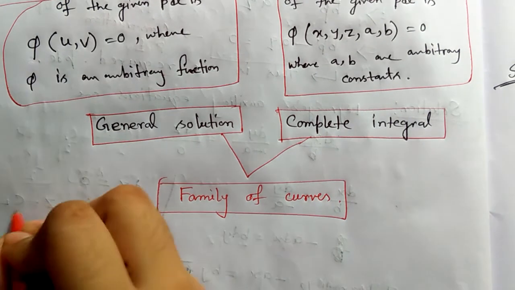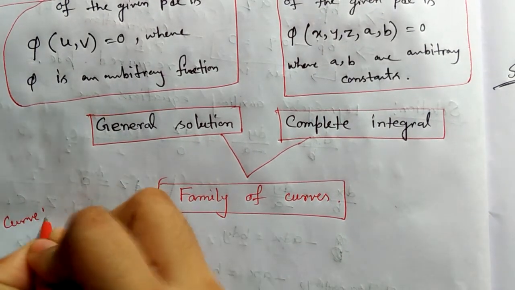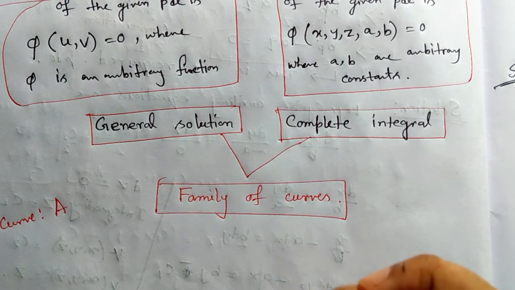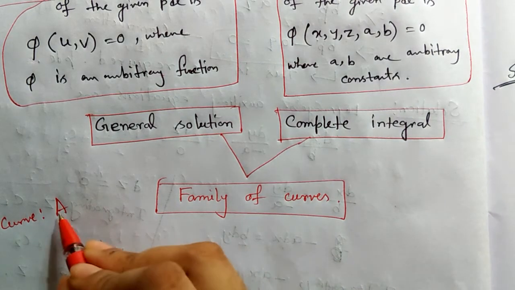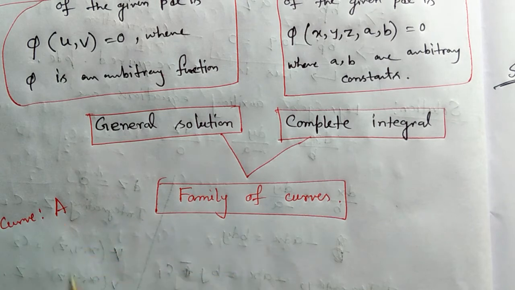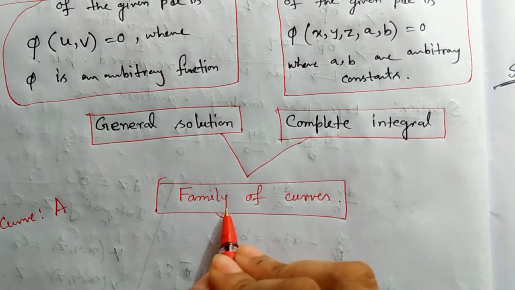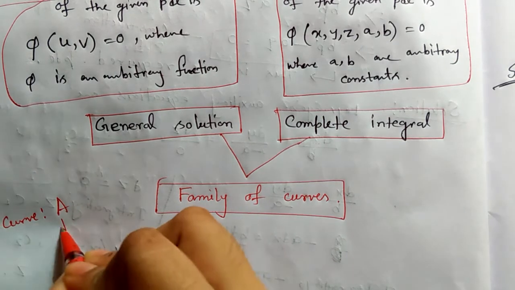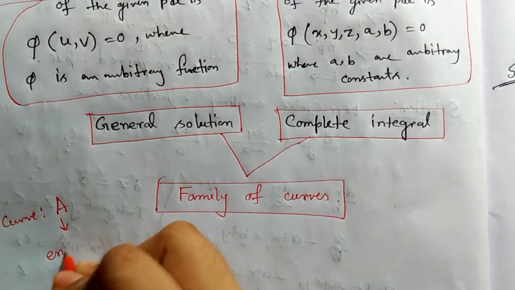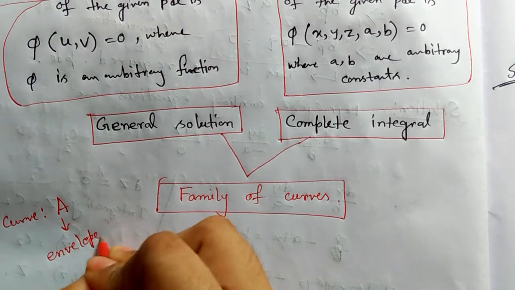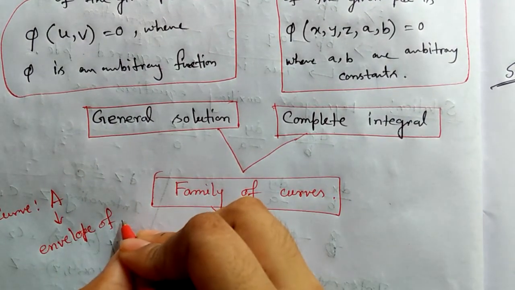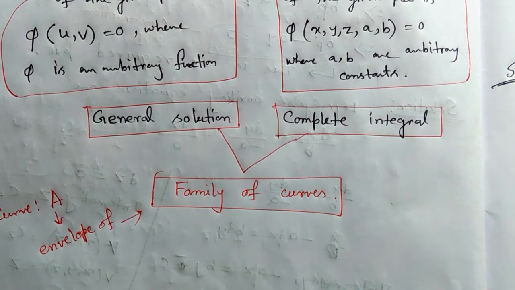Say the curve is denoted A. So there may exist a single curve A which touches each member of the family. If it happens, then this A is called the envelope of the family of curves.